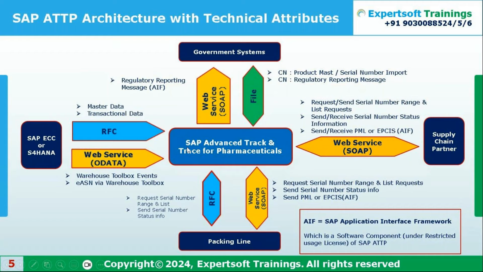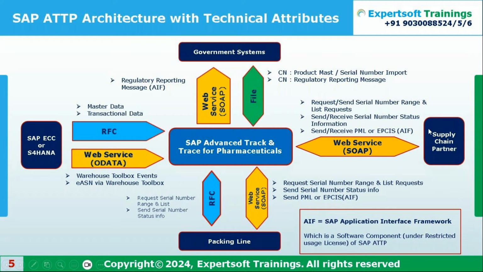So ATTP has the record of all the serial numbers it has sent to packaging line. ATTP has sent 100 serial numbers, out of which 100 are commissioned, but later on two bottles broke. So now 98 serial numbers are commissioned and two are decommissioned. That is what packaging line is doing with ATTP.